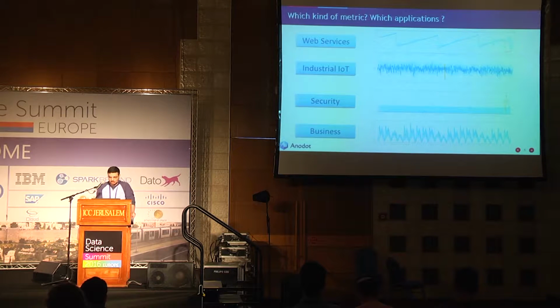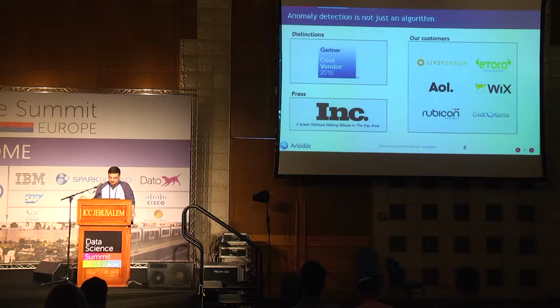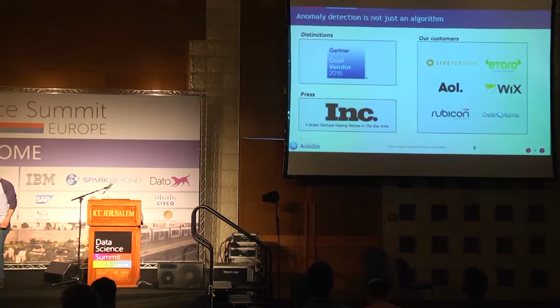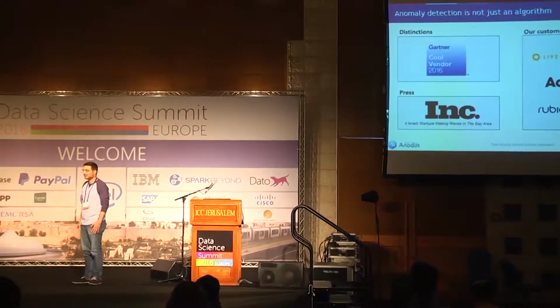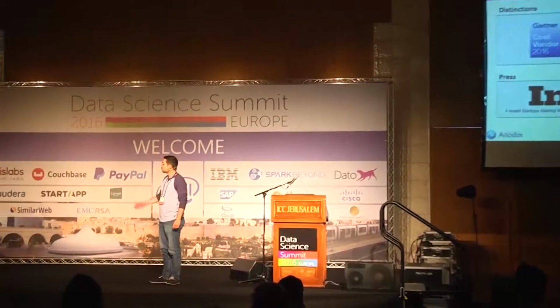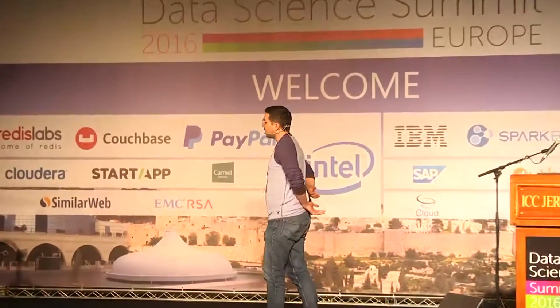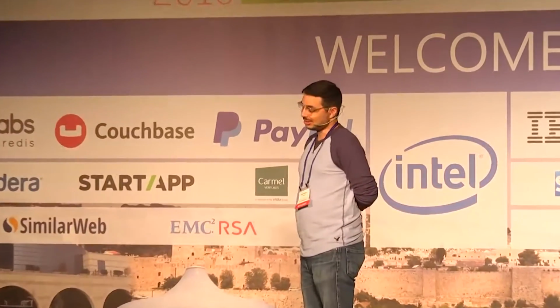What we need now is to find anomalies in this case. People are talking about us. Since last week we are a Gartner Cool Vendor of this year, so this is very cool. The press also talks about us as an Israeli startup in the Bay Area, which is also cool.